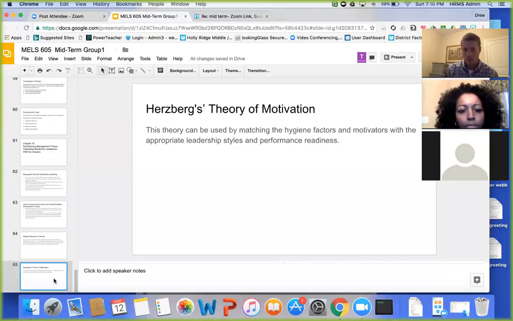People who are more influenced by hygiene factors would match better with the lower levels of performance readiness. Individuals who are influenced by motivators will match better with the R3 and the R4 performance readiness levels. Okay, the next one.